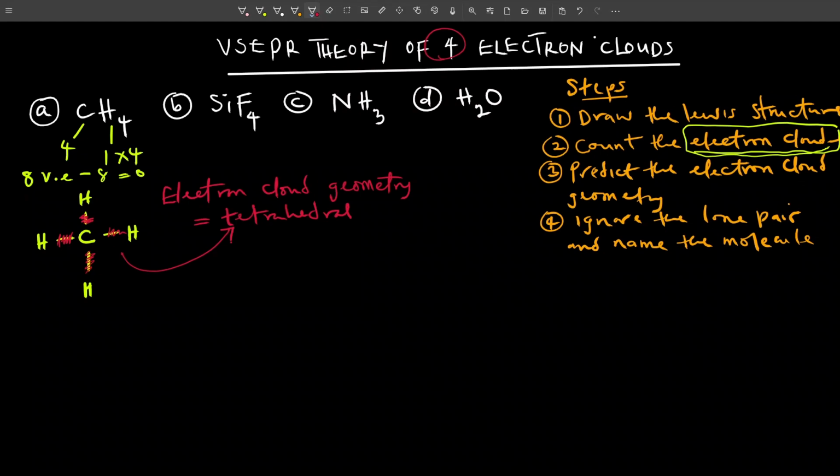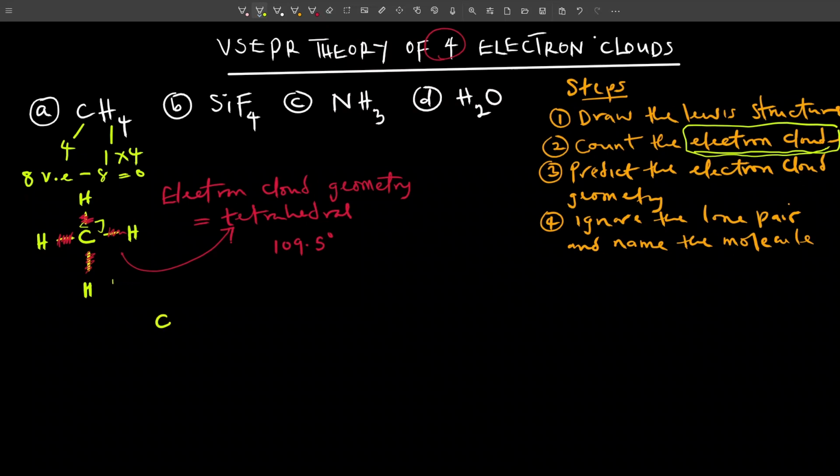Talking about the bond angle for 4 electron clouds, it is 109.5 degrees. So basically, if I'm to draw my CH4, it shouldn't be drawn this way because this angle is showing 90 degrees. The best way to draw this is by drawing it like this.